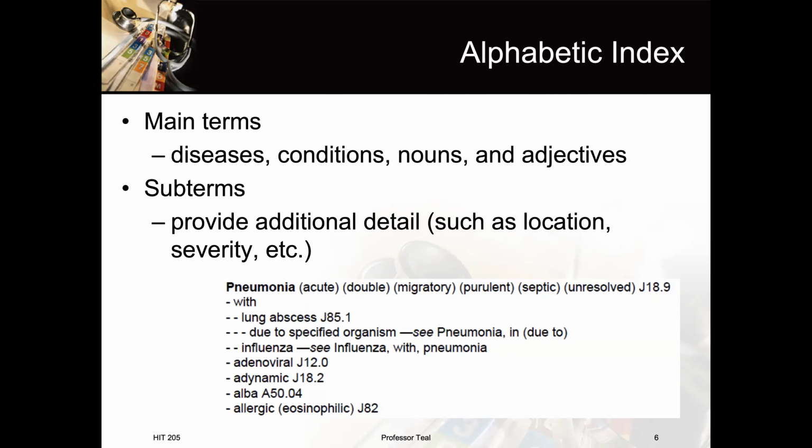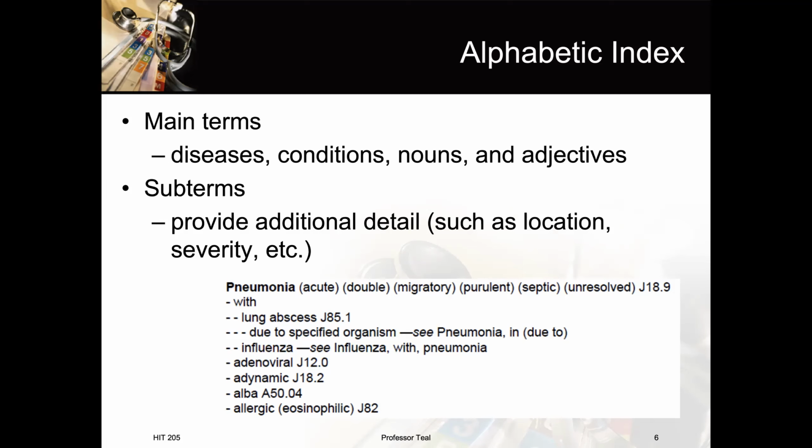Let's talk a little bit about using the alphabetic index. Main terms and subterms are alphabetized. Numbers appear first under the main term or subterm. Main terms are always bold print and they are flush left with the margin. The main terms represent diseases, conditions, nouns, and adjectives. So this is your starting point with coding.